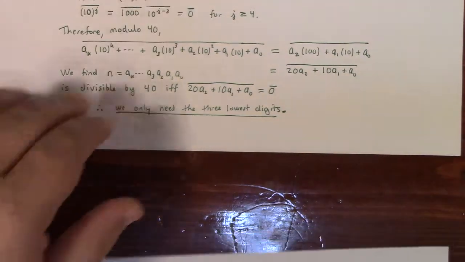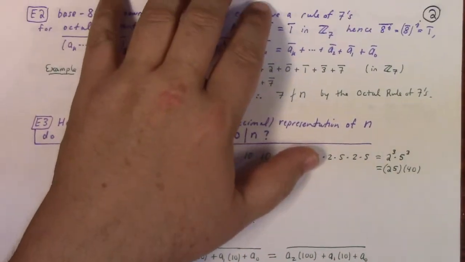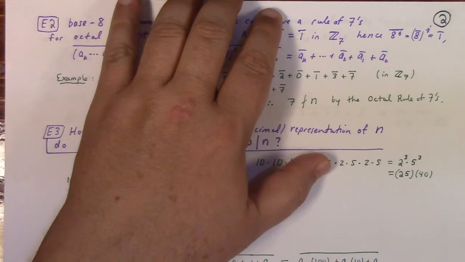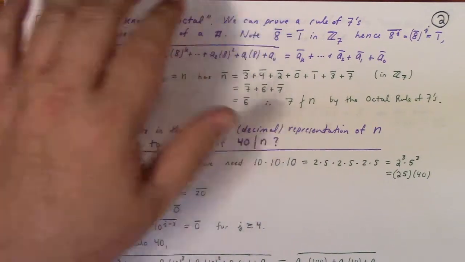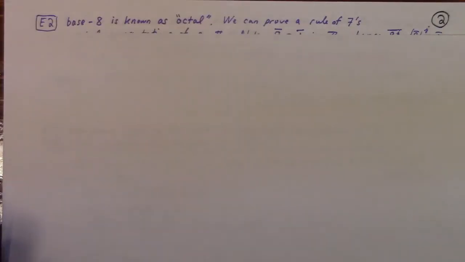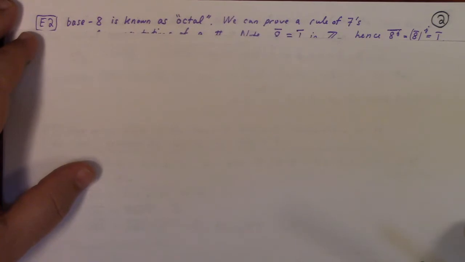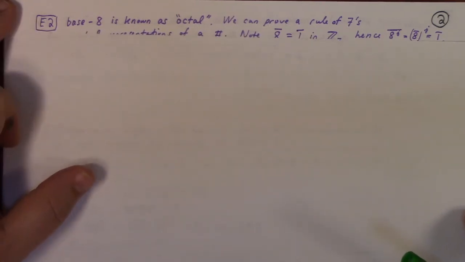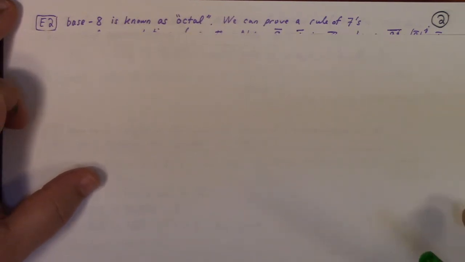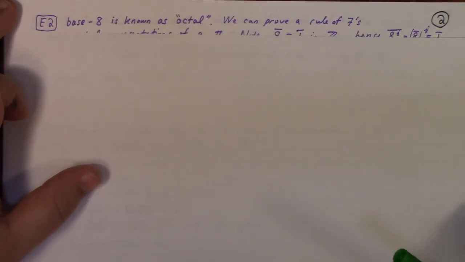Here's an analog of the rule of 9s for what's called an octal number. I worked for the Navy for a year, and one of the banes of my existence that year was, well, it wasn't really a big deal for me, but for other people it can be. You get data, and sometimes you don't know if it's written base 10 or base 8. And the annoying thing about base 8 numbers is they kind of look like base 10 numbers because they don't have weird symbols in them, and they're not just zeros and ones.